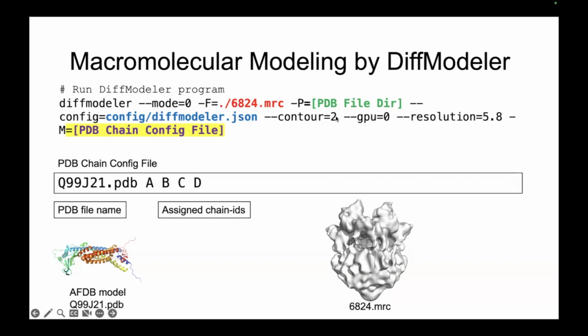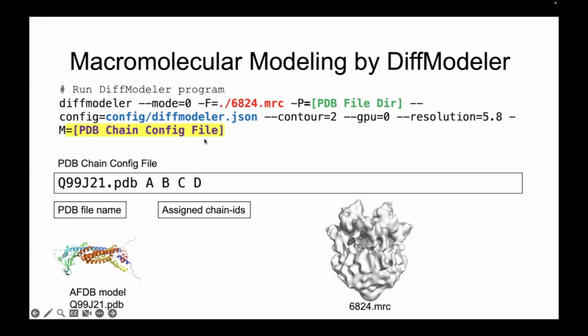Then put in the number of contour levels, specify the GPU ID, then the approximate resolution. Then you also need to specify the PDB chain config file.